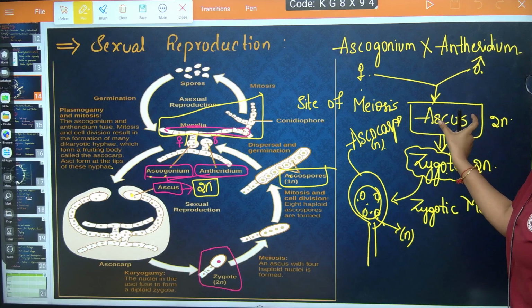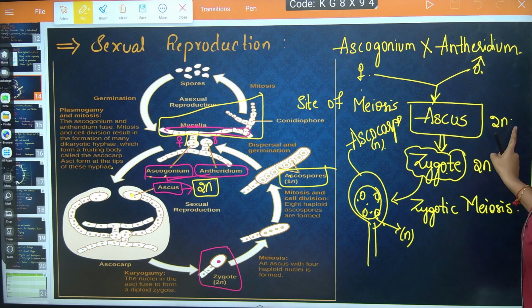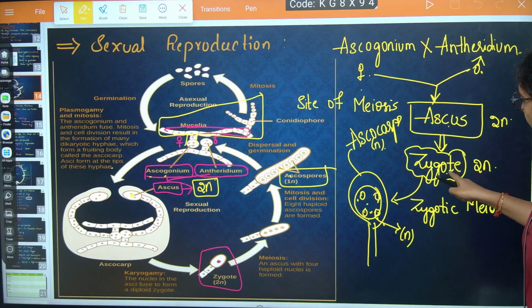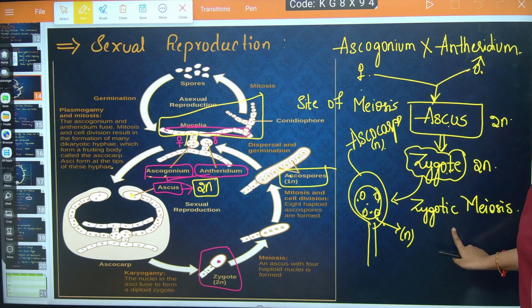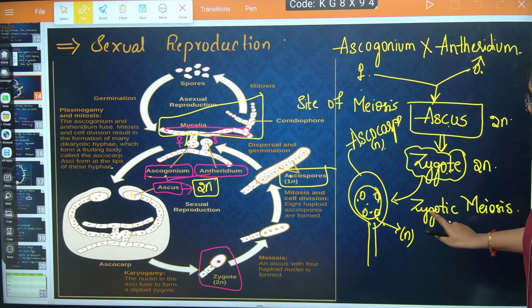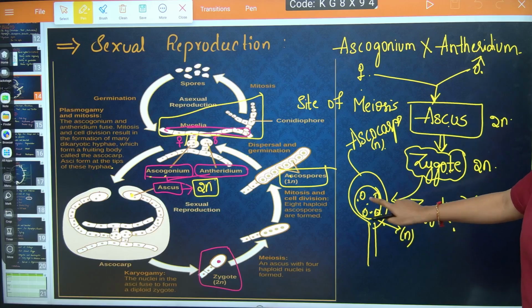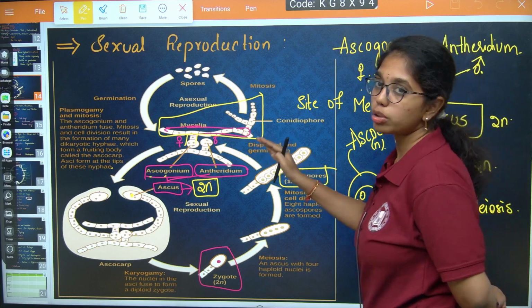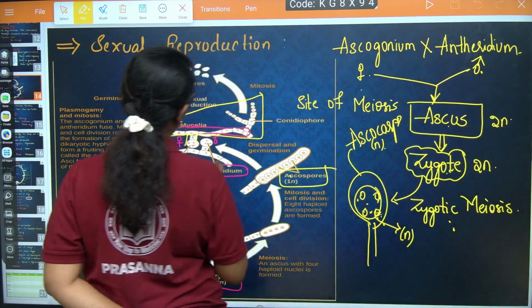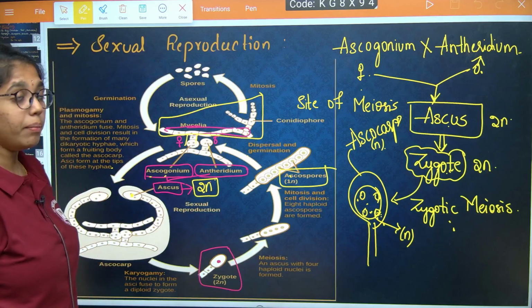The ascus is formed as a result of fusion. This is diploid. Inside the ascus, the zygote has formed. The zygote undergoes zygotic meiosis or reductional division, releasing the ascospores. These ascospores are haploid. Once they fall onto suitable substrata, they give rise to the mycelium again.